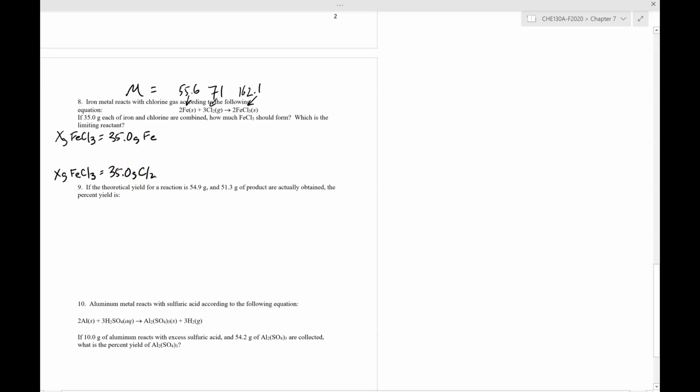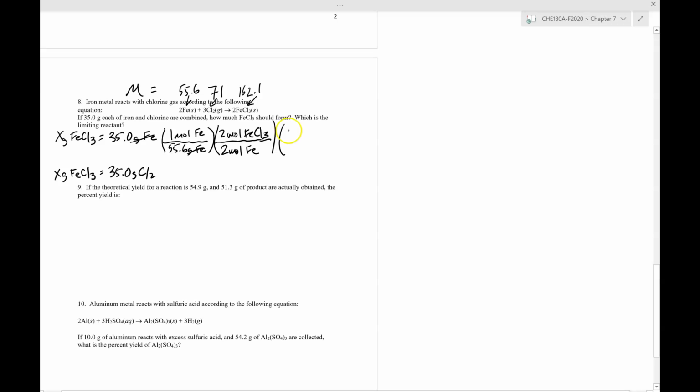Okay, so the first thing we're going to do is convert, we'll work on the top one, we'll convert grams of iron to moles. 1 mole of iron is 55.6 grams of iron. That lets grams of iron get canceled out. And then from the equation, we see that 2 moles of FeCl3 are produced every time 2 moles of Fe react.